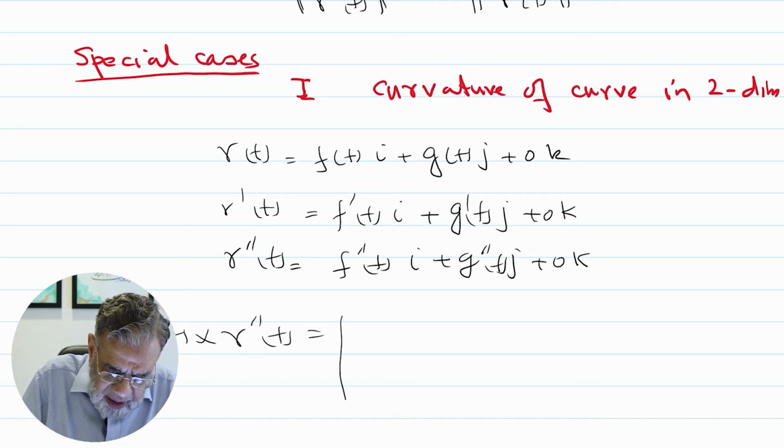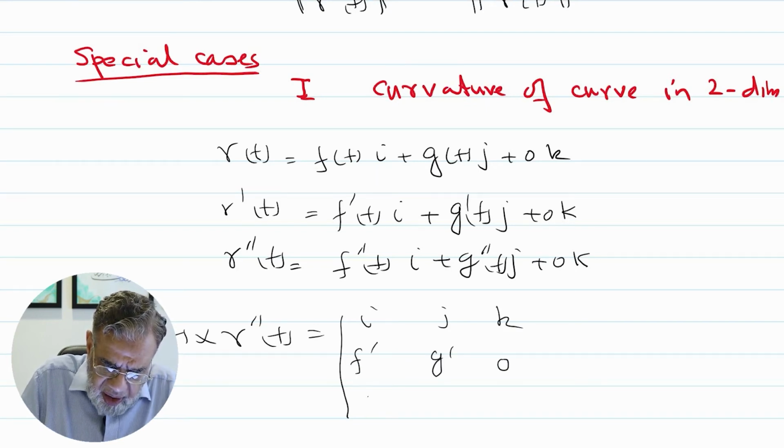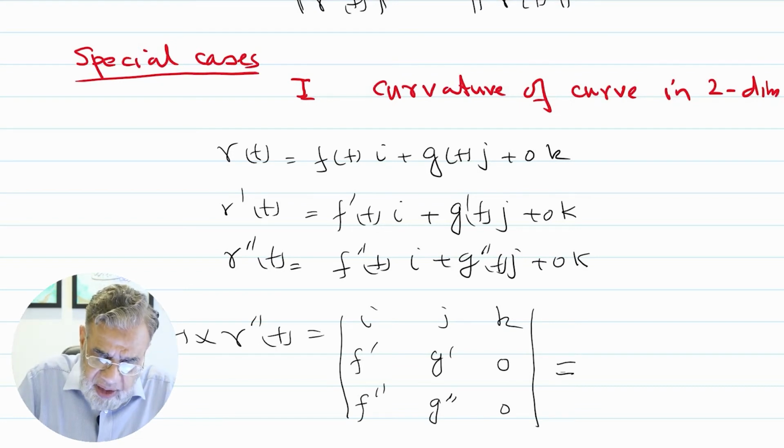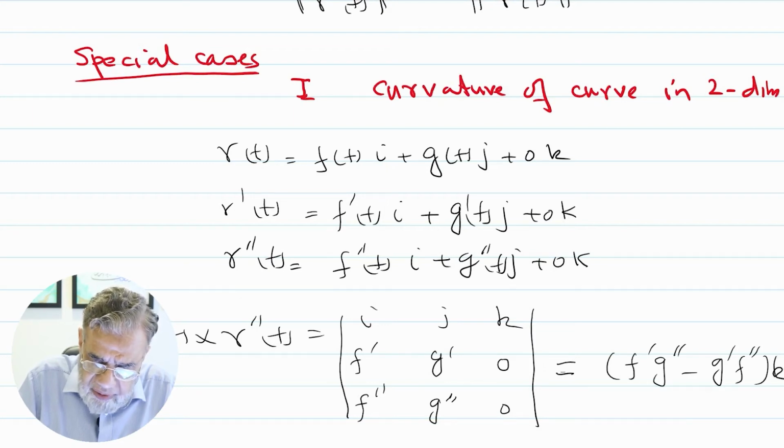So the formula is the determinant of i, j, k, then the derivatives f', g', and 0, and we have f'', g'', and 0. We take the derivative with respect to y and expand this. So we have i multiplied by 0 minus j multiplied by 0. We have k, with which we have f'g'' minus g'f''. This is our only component, our k.